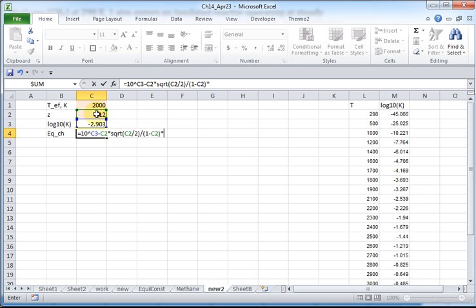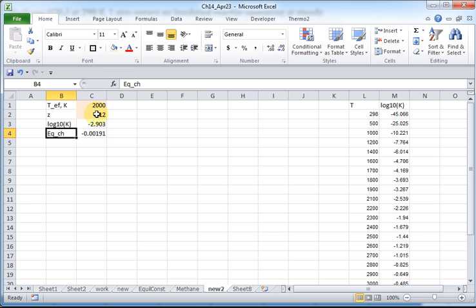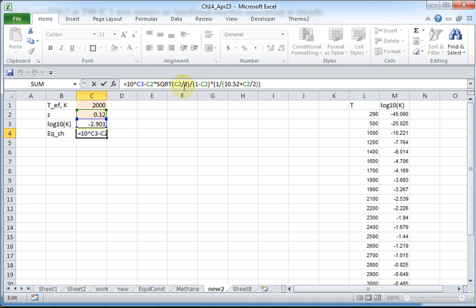Then we multiply times the pressure, that was 1 over, then in the numerator we had that funny 10.52 plus z divided by 2, close parenthesis, that's 1 over that, close parenthesis, to the 0.5, or I could just come back here and take the square root of it, SQRT, square root, right?